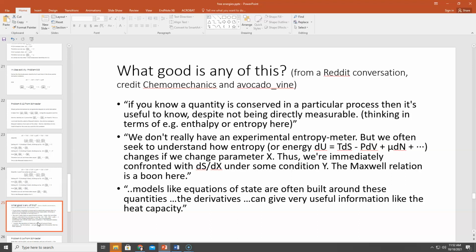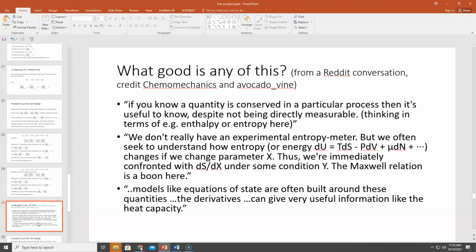Here's some reasons why you might need to know these thermodynamic relationships, and the partial derivatives that you can get from the thermodynamic identities. I'm quoting, "If you know that a quantity is conserved in a particular process, then that's useful to know, especially if the thing's not directly measurable." And I'm thinking in terms of the enthalpy or entropy here, okay?